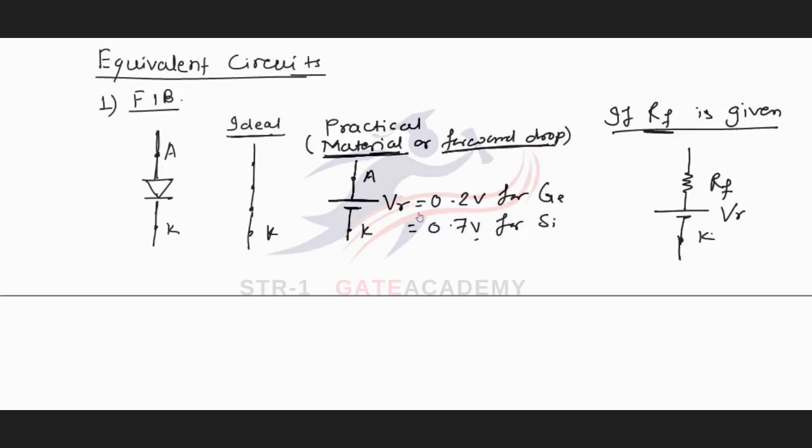These are the equivalent circuits of a diode when it is forward biased. If the diode is ideal, it is replaced with a short circuit; if it is practical, with a battery of cut-in voltage; and if forward resistance is given, with the series combination of forward resistance RF and cut-in voltage V gamma. The value of this resistance will be low.